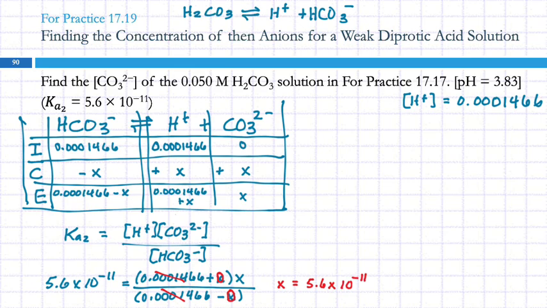I'm just curious, what number did you get from the solver? 5.99 times 10 to the minus 11. Yeah, really close.